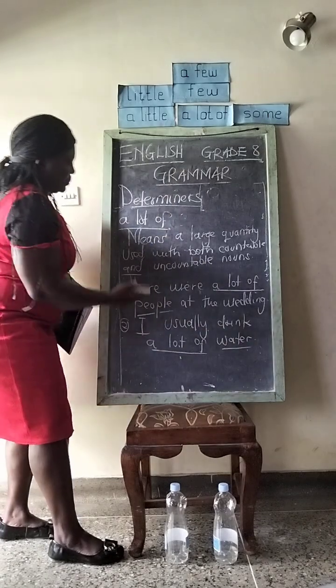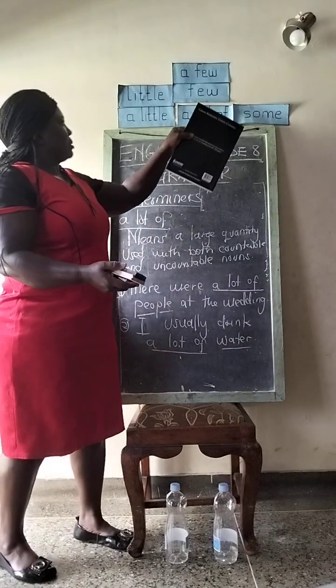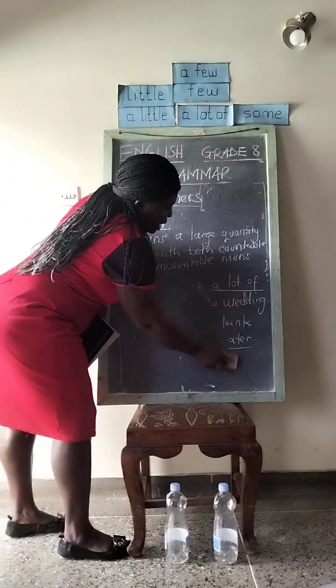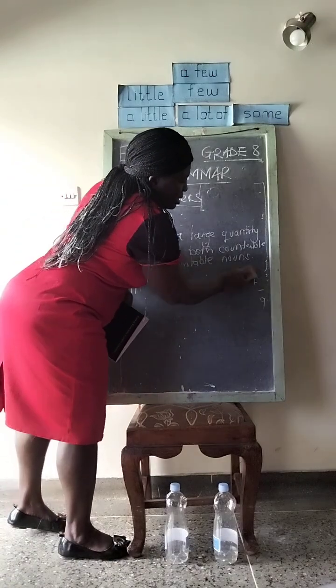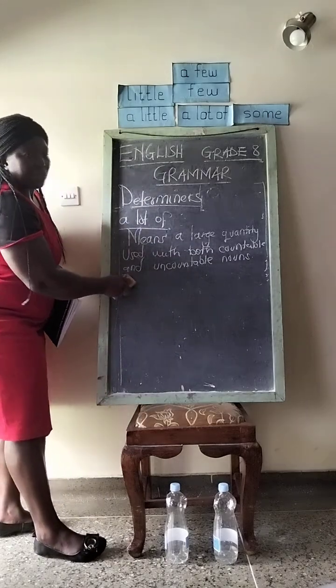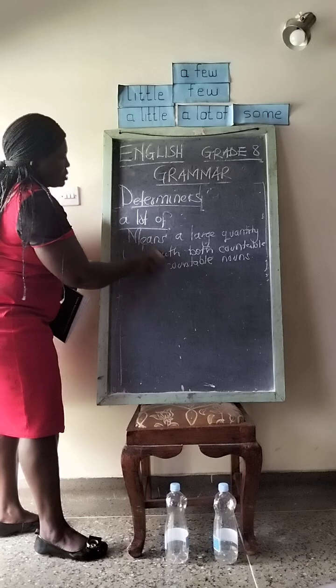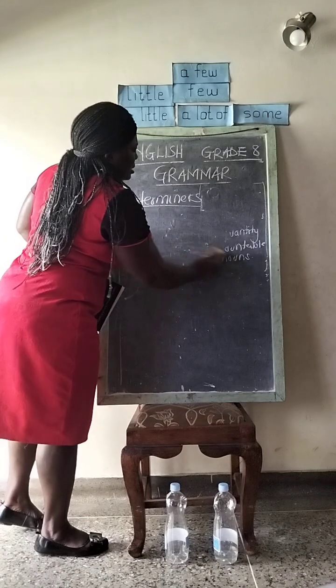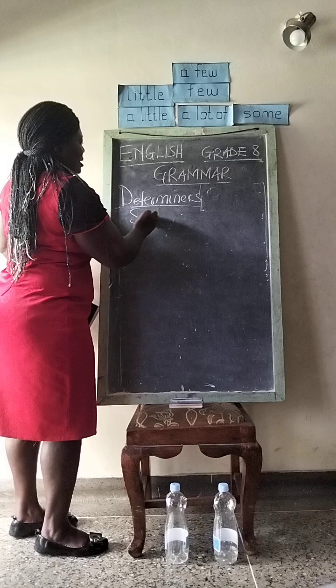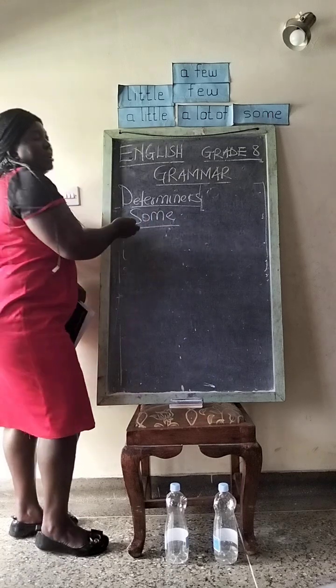So let us look at how we use some in a sentence. I hope you have also written one sentence, or you thought of a sentence using a lot of with a countable as well as with an uncountable noun. So let us look at how we can use some in a sentence and the meaning of some. So what is the meaning of some?